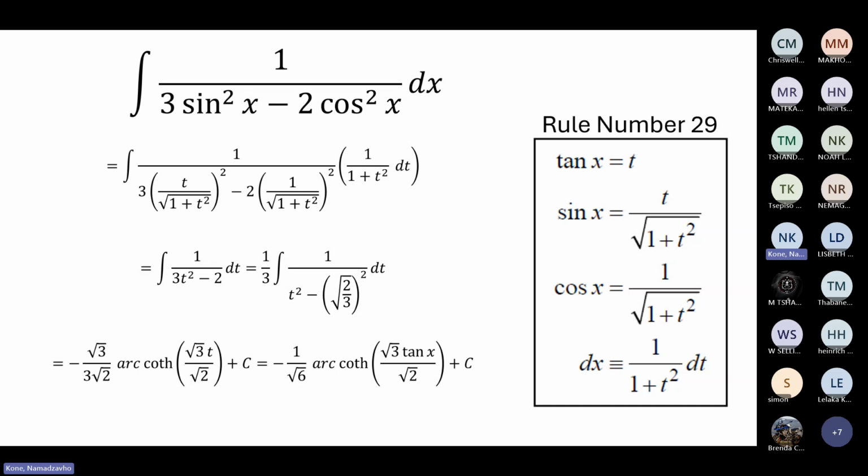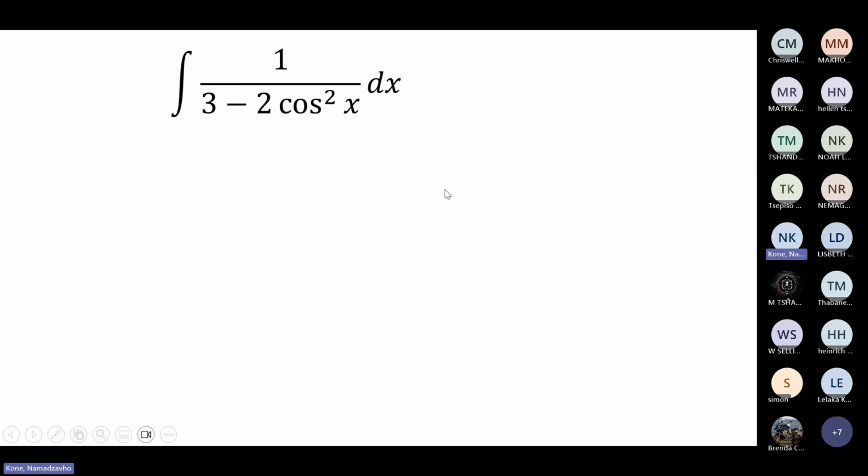You can just rewrite this with the same name, maybe sine only or cos only, by using the identity sine squared x plus cos squared x equals 1. And when you do that, you will get a question like this one.